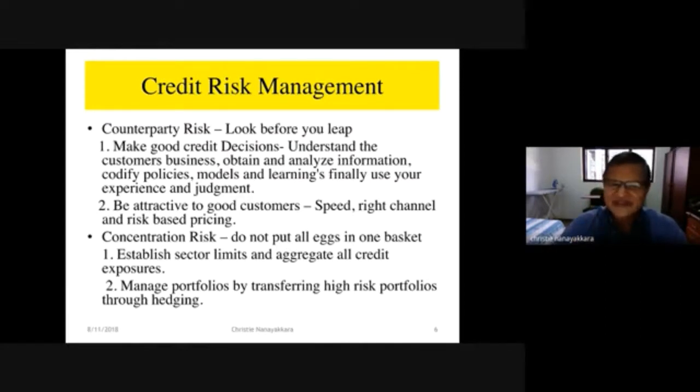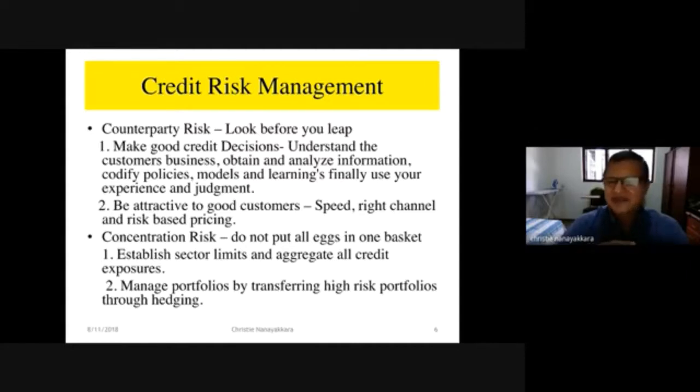You need to understand the customer's business. That means to understand the customer's business, sometimes it's difficult for you to do it from your office. You may need to do a customer visit, see, obtain all the information about the business, how he does these things, and apply the bank's credit policy and methods, and see whether this customer is creditworthy.